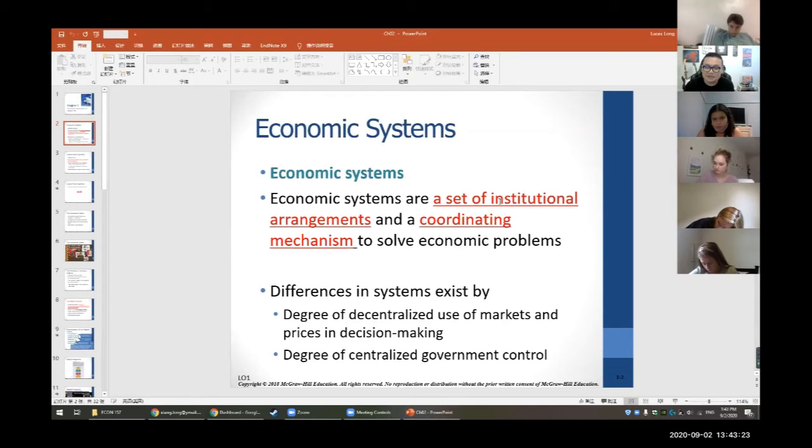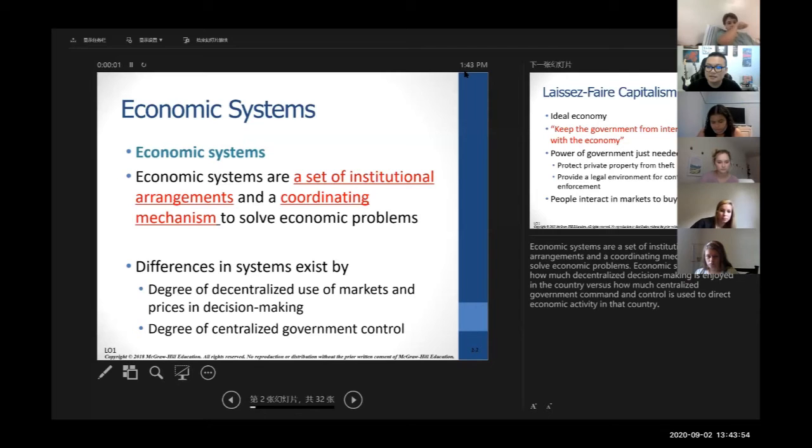And the economic system is where we use a set of institutional arrangements, for example government control or market control, and a coordinating mechanism, for example tax, to solve the economic problems. So the first thing you need to know is what economic systems are. There are several types of economic systems, and we're going to spend a majority of our time talking about them.